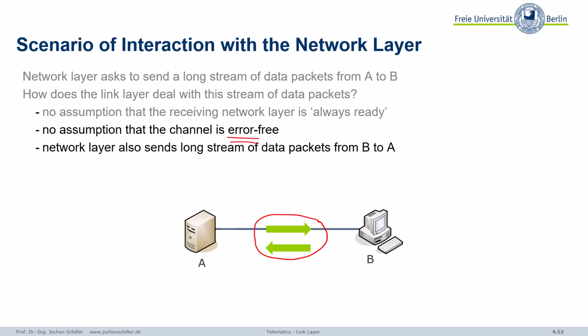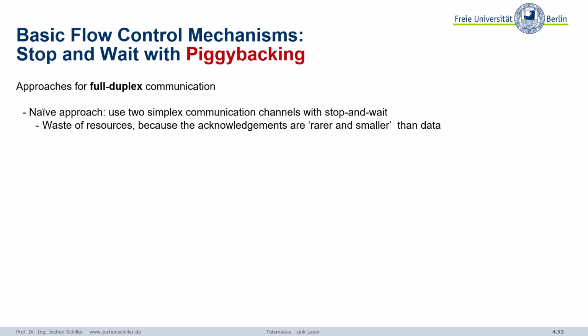So we have to extend this very simple approach. Naively again, why not use our simple communication channel with stop and wait two times? But this is really a waste of resources. Acknowledgements are quite small compared to data. Why not use a single channel and mix data frames and acknowledgements? So instead of having 2 systems, it's 1 system and we mix.